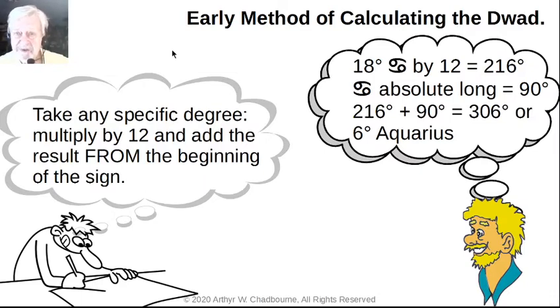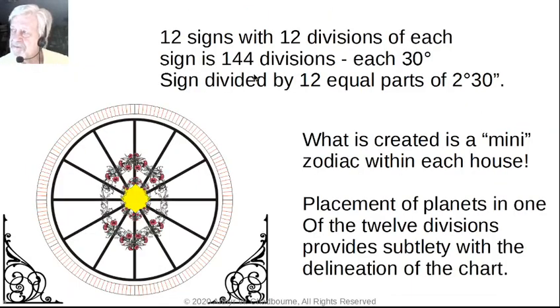So I'd add 216 to 90, and it would give me 306 degrees as absolute longitude, or what we call 6 degrees Aquarius. This is the long way. Thank God we've got calculators in our pockets and our computers to do the work for us.